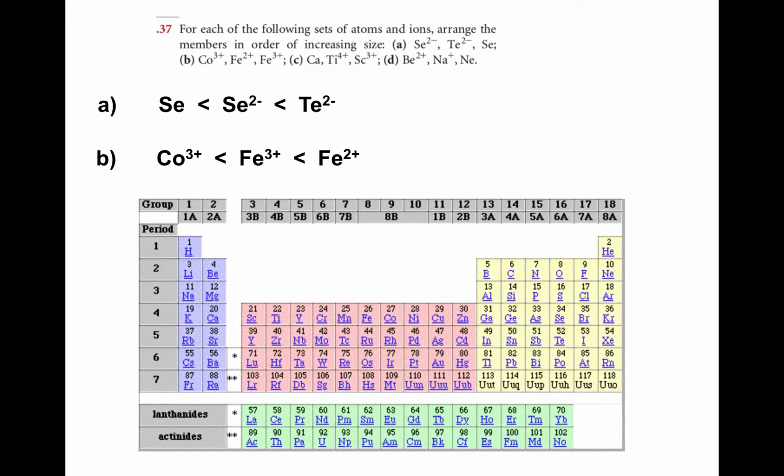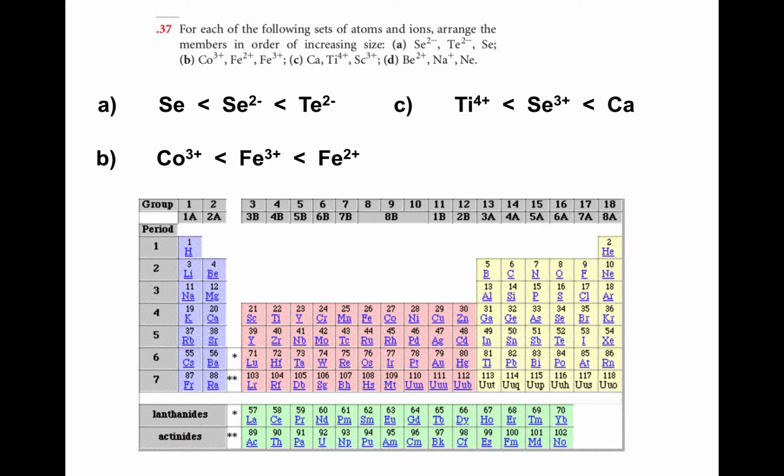Which has more electron-electron repulsion. If we're looking at calcium, calcium can lose 2 electrons. Calcium metal versus titanium metal. All right, so titanium 4 plus would be much smaller than calcium 2 plus, and that would be smaller than scandium 3 plus.